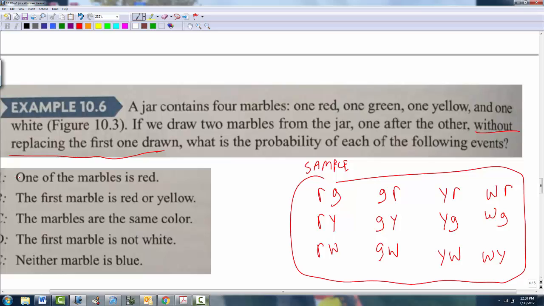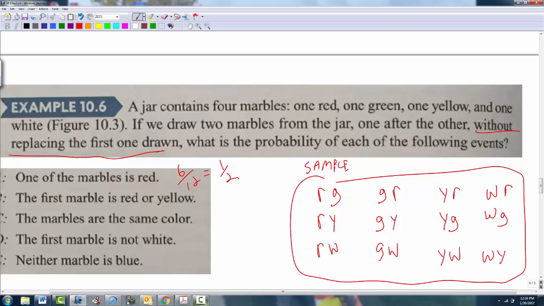Okay, so what's the probability that one of the marbles is red? And it just says one, not at least one. So where do you have one red marble? How many ways does that happen? 6, actually. Out of how many? 12, so that's 1/2. I'm not reducing anymore. I want to move on.